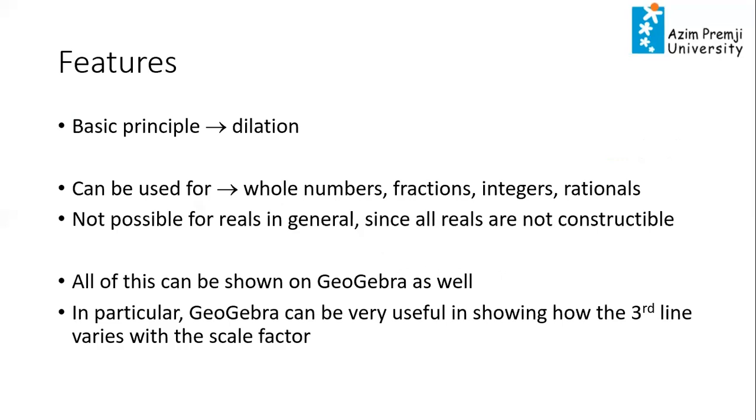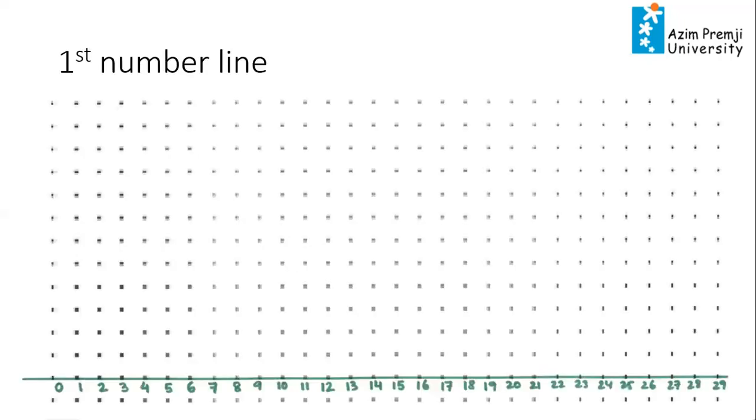It's perfectly possible. For real numbers, it's best to go through GeoGebra, because there you can sketch it and you can just move things around that will kind of continuously do stuff. Yeah, so let's get to it. So you have this number line, and this is what you are going to scale up or down.